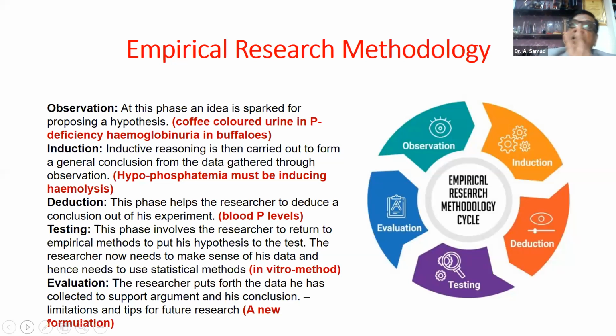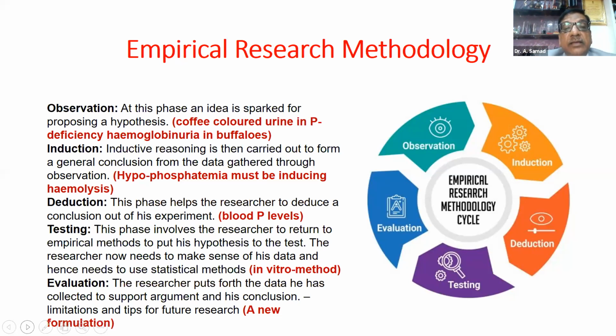In induction, you reason out that if it is coffee-colored urine and if it is hemoglobin in urine, then the RBCs must be getting hemolyzed. And therefore you frame a question: how come phosphorus deficiency is leading to destruction of RBCs, so that hemoglobin is released and then excreted in urine, giving it a coffee color?